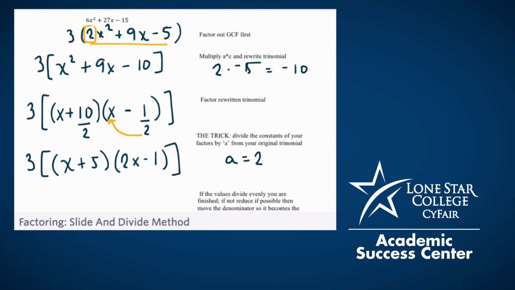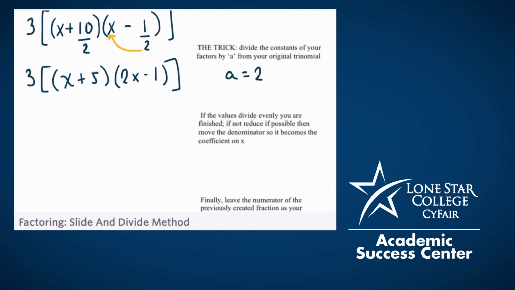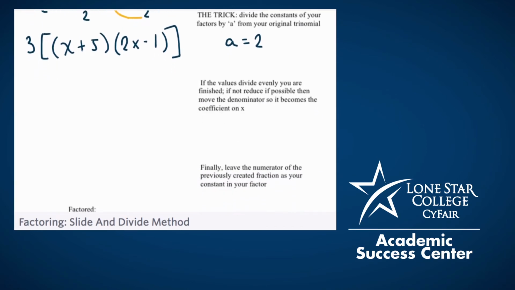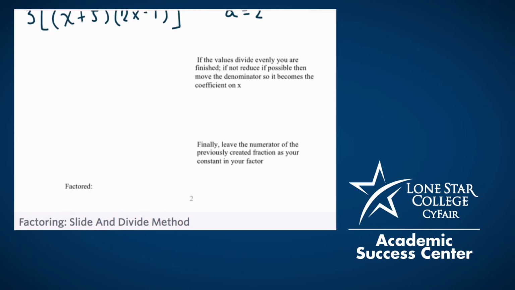Now that we've done that, we're ready to write our completed factors, which is 3 times x plus 5 times 2x minus 1.